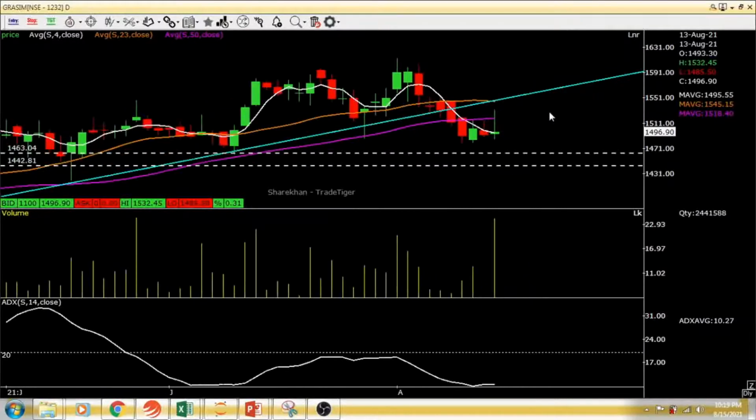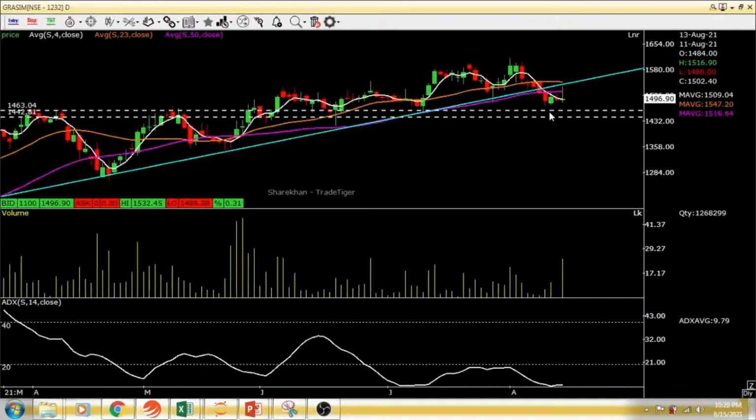Moreover, we can look at the 23-day moving average, the 50-day moving average and the 4-day moving average. All three moving averages are above the price level, except the 4-day moving average, which is at the price level, but I hope it will soon move above the price level. Let us see how GRASIM India performs once the market opens.